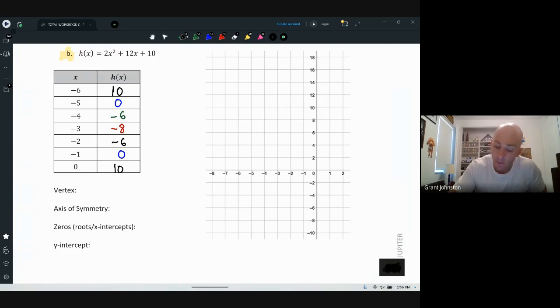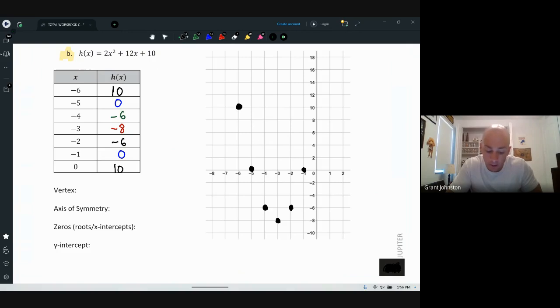So negative 6, 10 would be here. Negative 5, 0 is here. Negative 4, negative 6 is here. Negative 3, negative 8 is here. Negative 2, negative 6 is here.